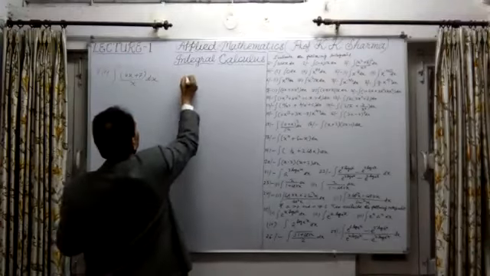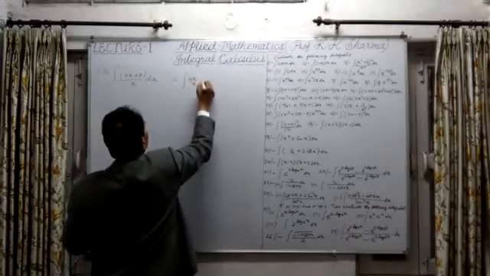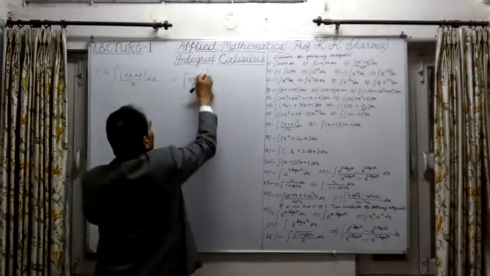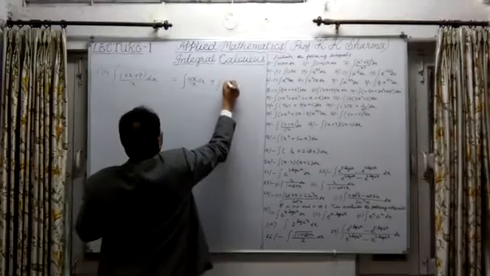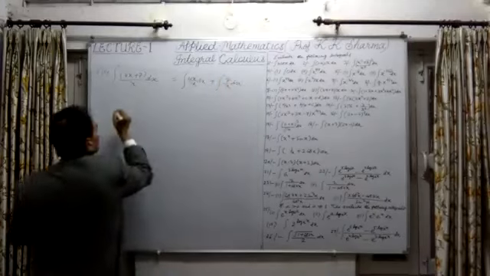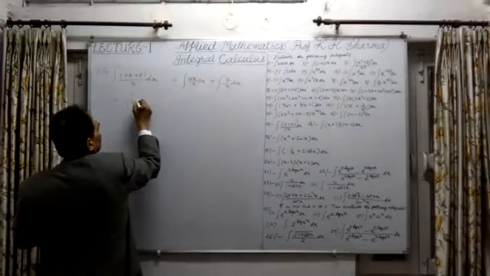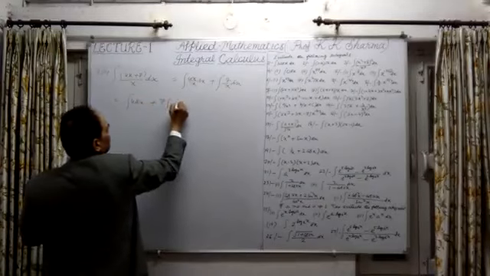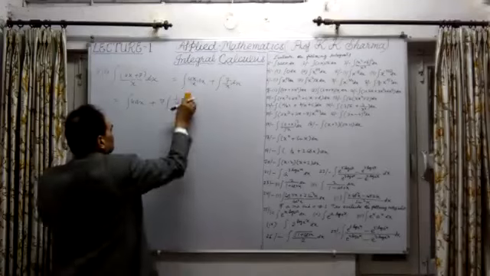So this can be written separately: 4x upon x plus 7 upon x, into dx, separating them after dividing. This x is cancelled out. This is 4 into dx plus 7 into 1 upon x into dx.